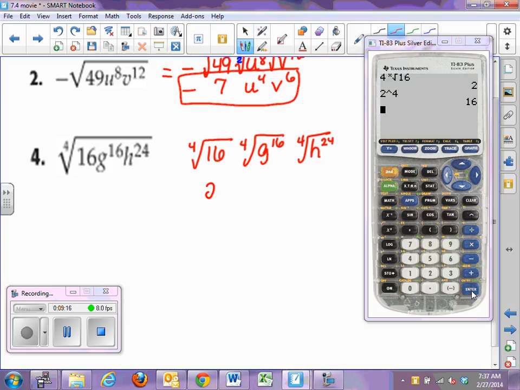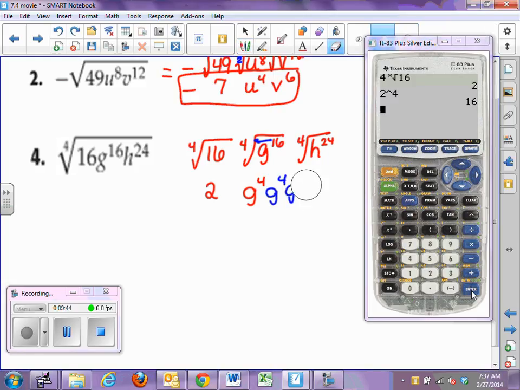So this is 2. Now this is g to what power will give me g to the 16th if I multiply it to itself 4 times? Well, I hope you said 4. Did you use my shortcut, 16 divided by 4? It works. Because look at this, if I multiply it to itself 4 times and I add these exponents, don't I get 16?